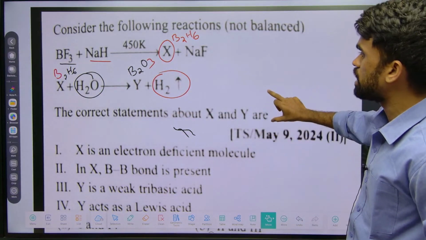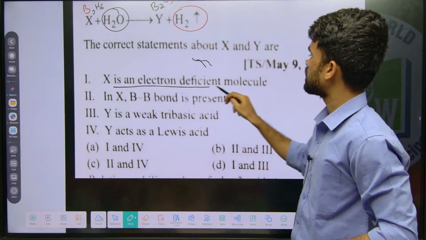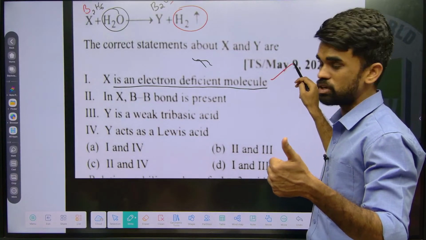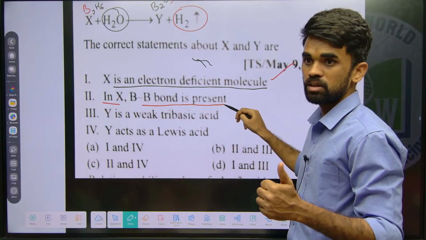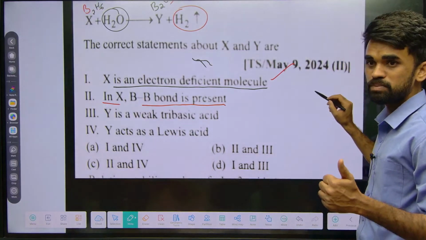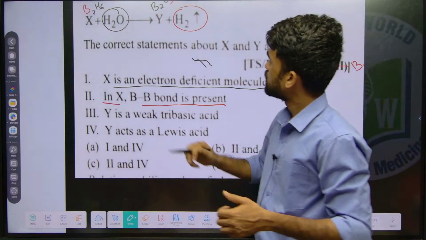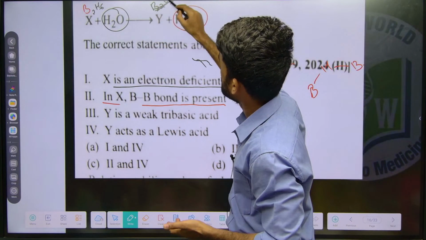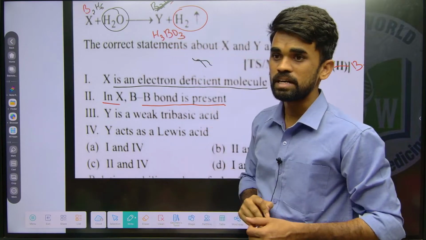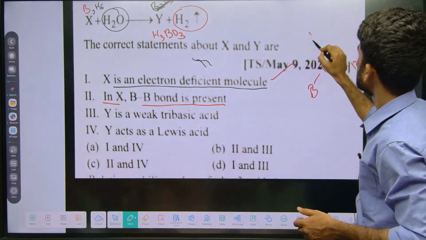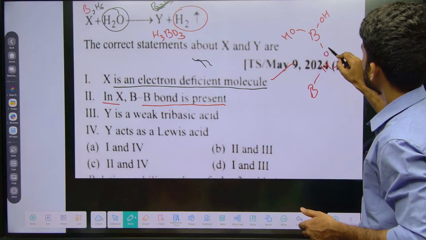Look at the options once. What are they saying? X is electron deficient. Diborane is electron deficient only, no? Perfect. In X, a BB bond is present? In diborane, no, a BHB bond is present. Next, the hydrolysis product is H3BO3.